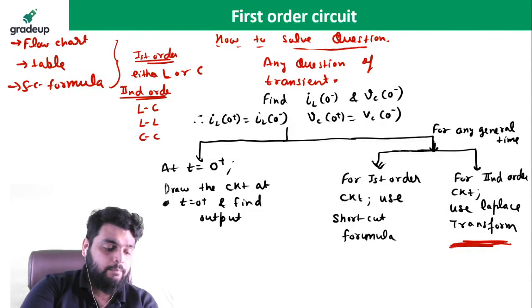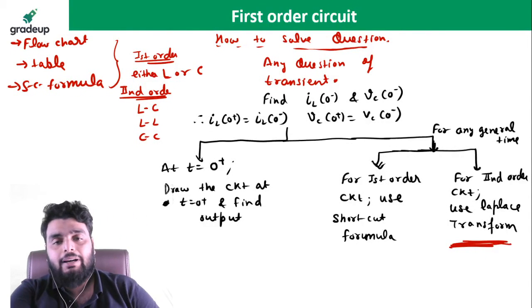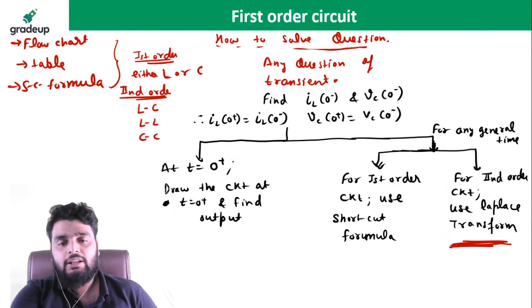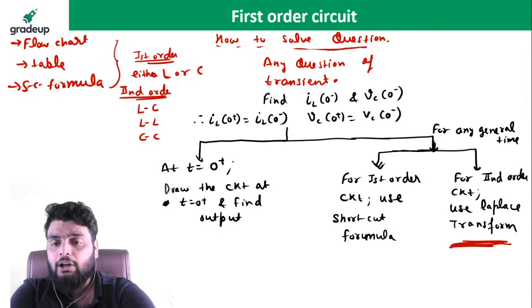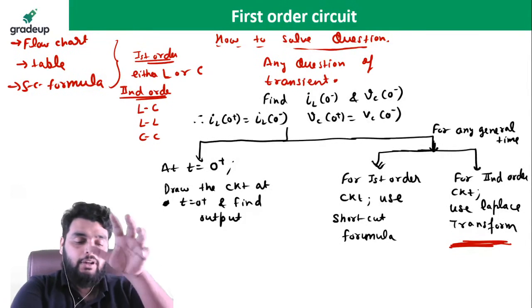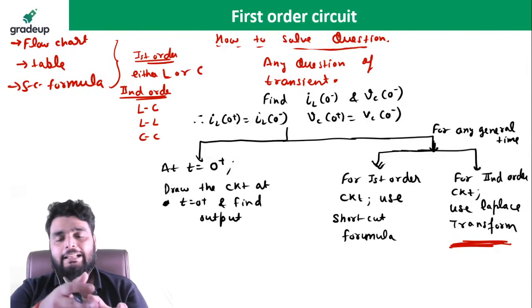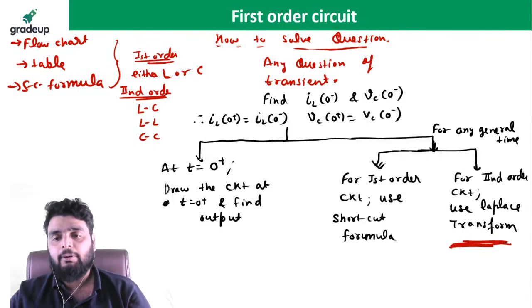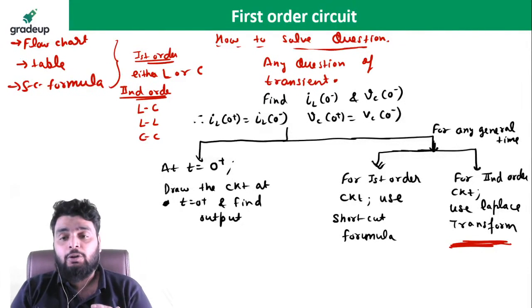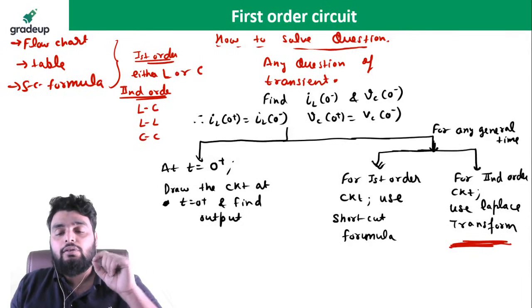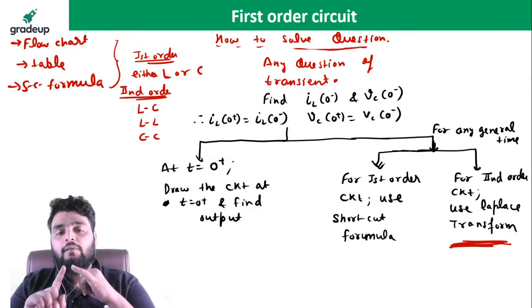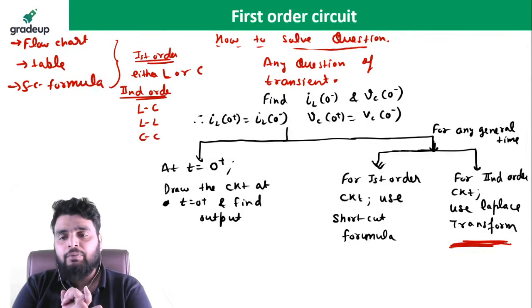Okay, guys, we will do the questions tomorrow. Don't worry. Today we just understand the concept. We will learn the questions tomorrow, and tomorrow we are going to solve the first 2 or 3 basic problems, then medium problems, and then advanced problems. All of these problems we are going to solve, and you will see every problem that we solve will use these 3 things: flowchart, table, and shortcut formula.